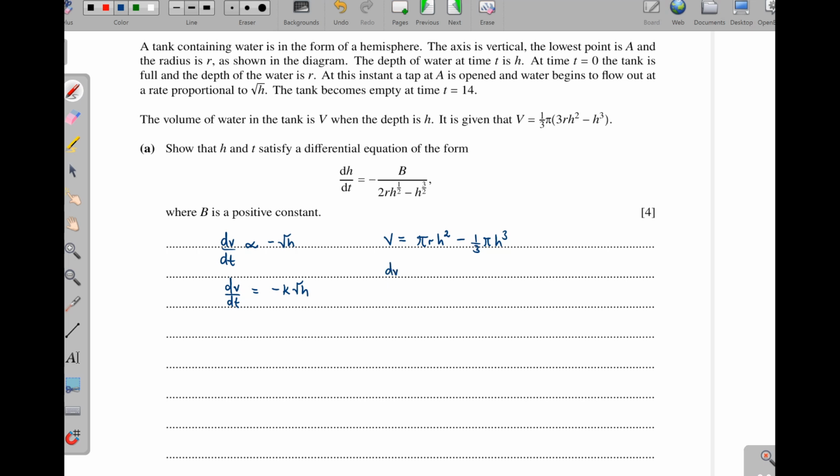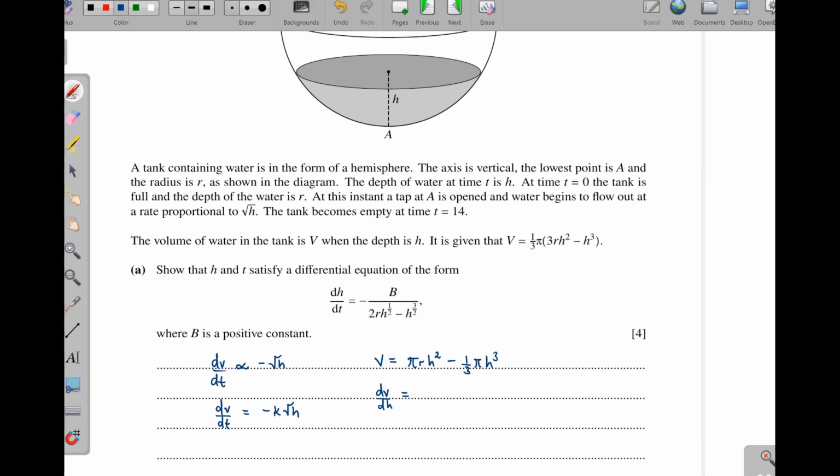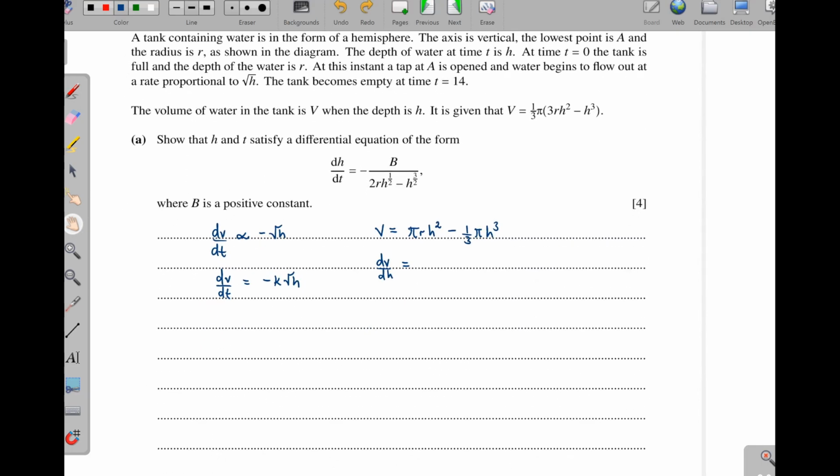Now we need to get dV/dh, because as the depth of the water changes, the volume of the water in here is also changing. So we need to get dV/dh.